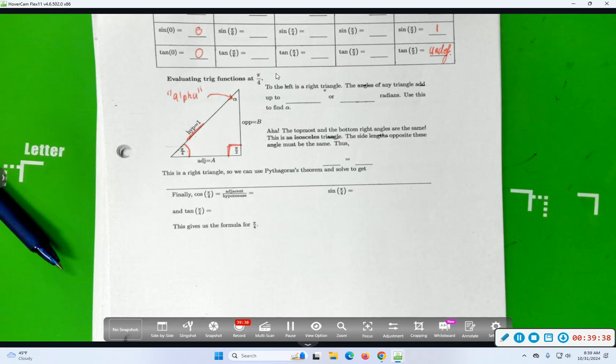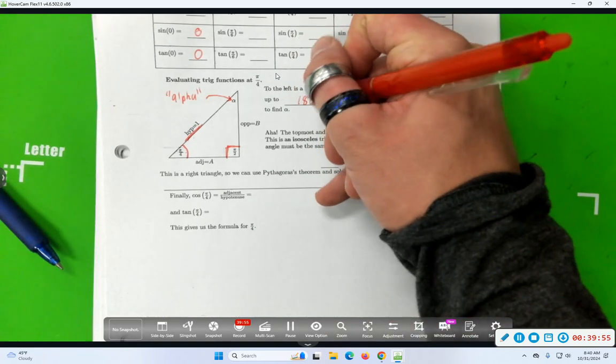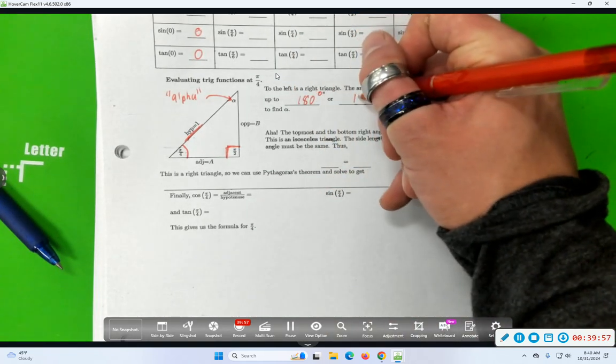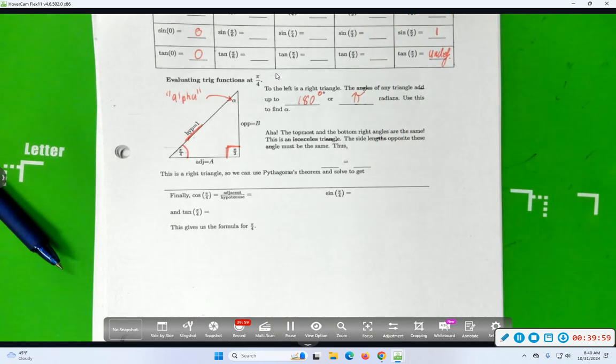Angles in a triangle have to add up to 180 if you're in degrees. If you're working in gradians, then I guess they'll add up to 200. If you're working in radians, then they'll add up to something else. 180 degrees is how many radians? Pi radians. 180 degrees, or pi radians.